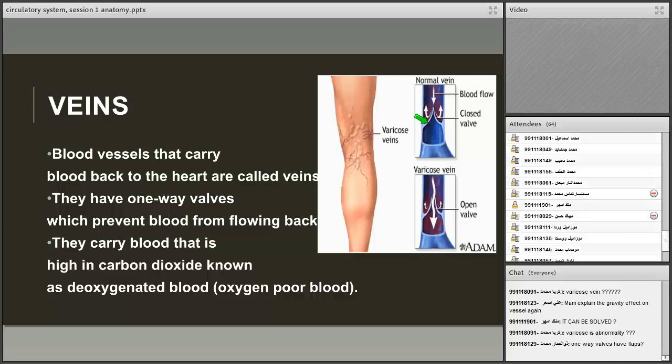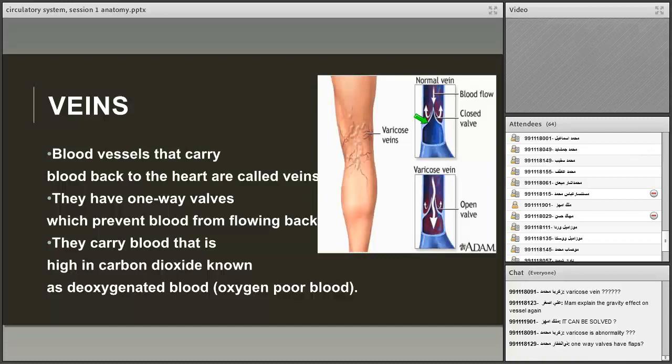When the blood is going to the head or going to the legs, it has two directions, against and in the direction of the gravity. After exchanging the gases, it has to come back to the heart. The blood has to flow backward to the heart, and it will come back through the veins, okay?